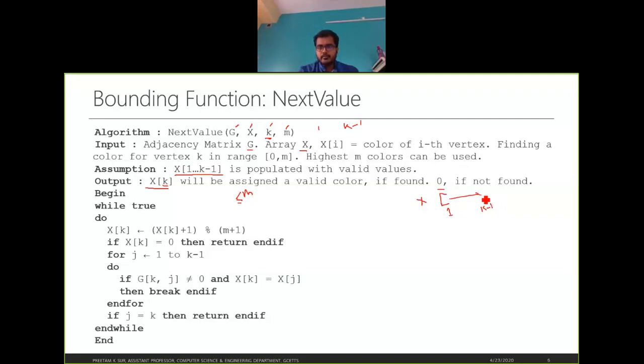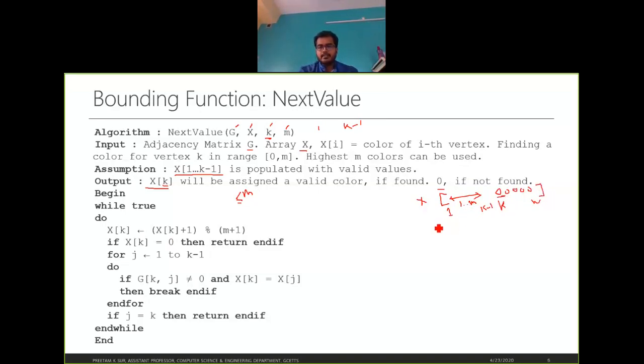So from 1 to k minus 1 it will have values between 1 and m. And the rest, from k up to n in the solution vector, will have 0 values. So we start with 0 and check whether we can assign valid values for k.